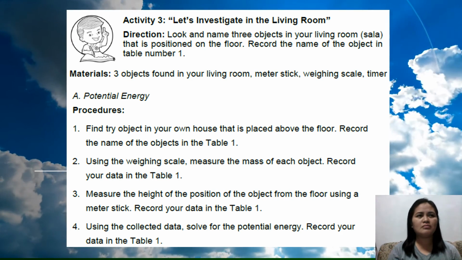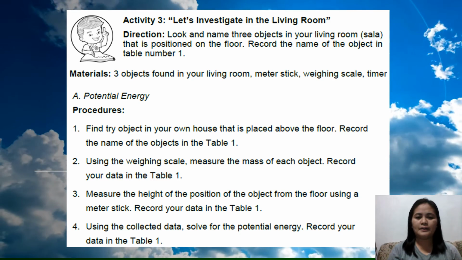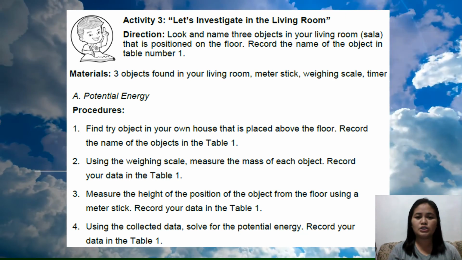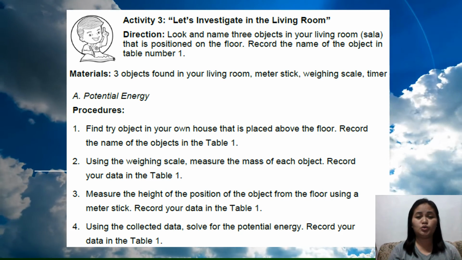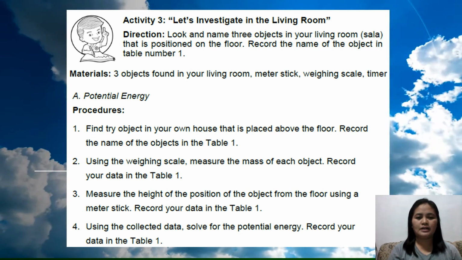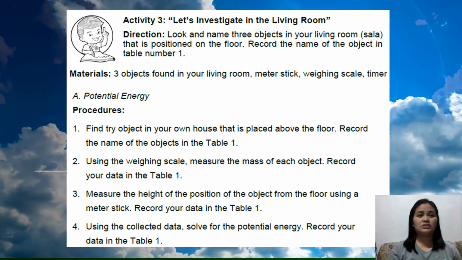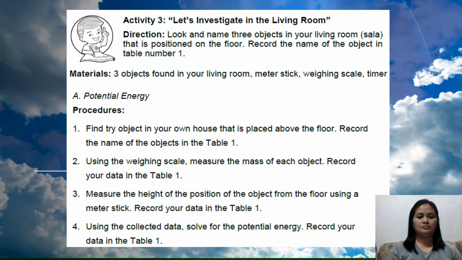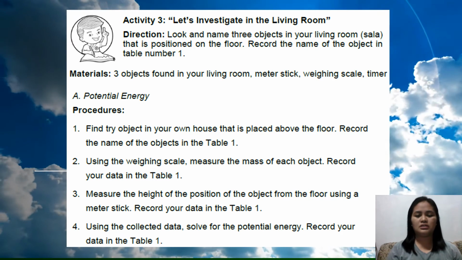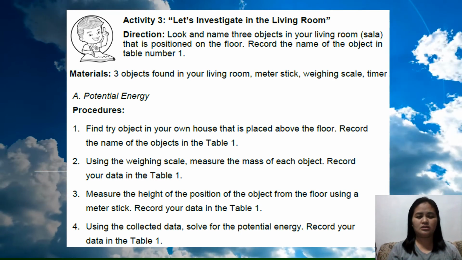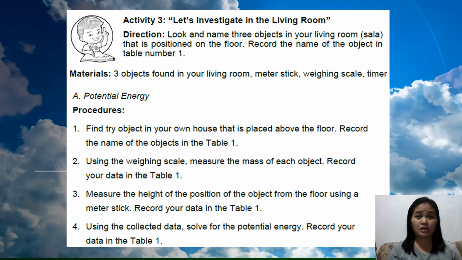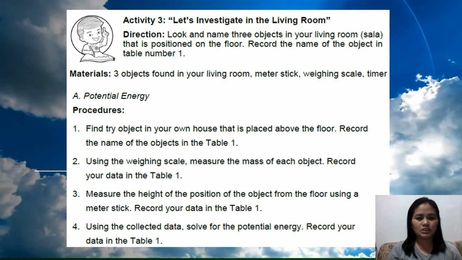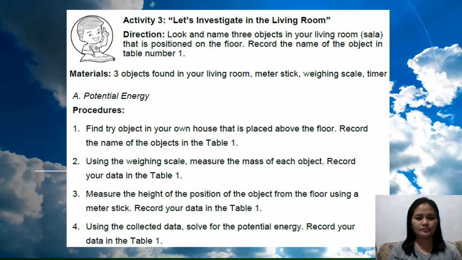Or meron din naman yung mga bagay or gamit sa sala ninyo na nakasulat na yung weight niya. Oo, tignan nyo sa mga label or tatak. May mga gamit na ganun nakalagay kung gaano kabigat. Hindi nyo na kailangan yung timbangan kapag ganun yung napili nyo, di ba? Para-paraan.